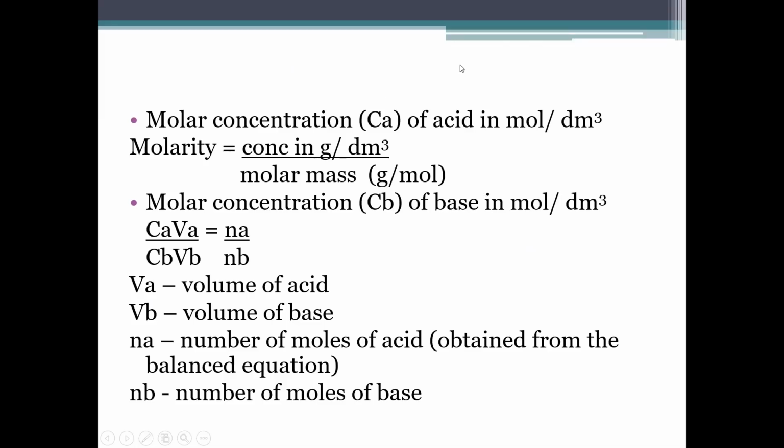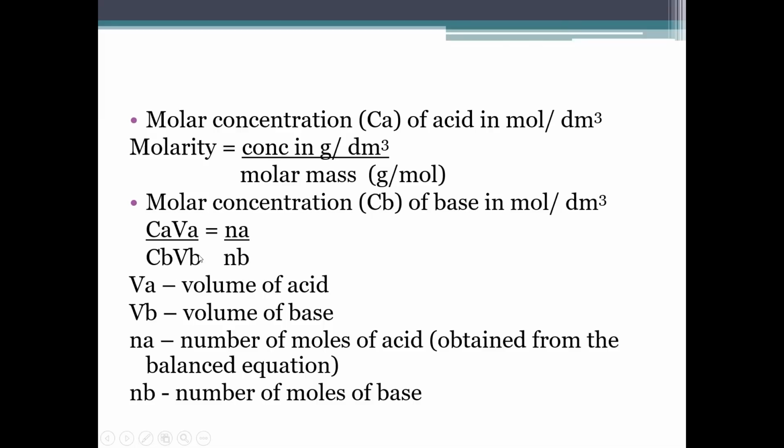Now, once you know the concentration of your acid in moles per dm cubed, you can now look for the concentration of your base in moles per dm cubed. Your CA is the concentration of the acid in moles per dm cubed. Your VA is the volume of the acid, which is your average titer value. Your NA is the number of moles of your acid. Your CB is the molar concentration of the base, your carbonate, that you don't know.